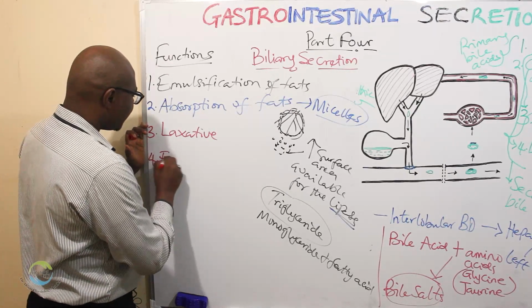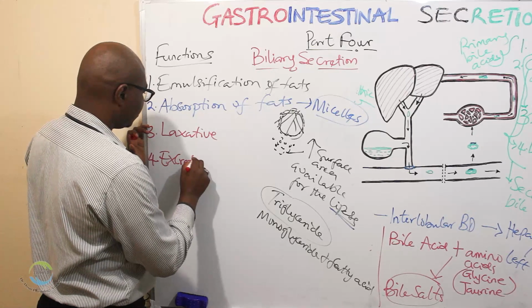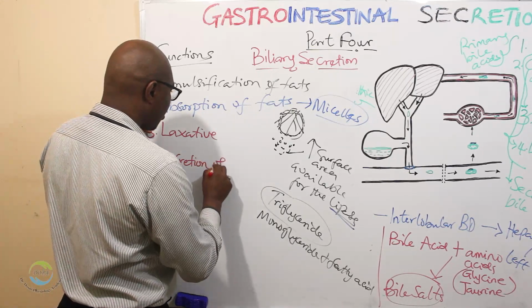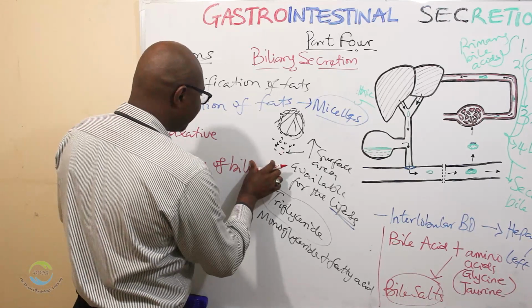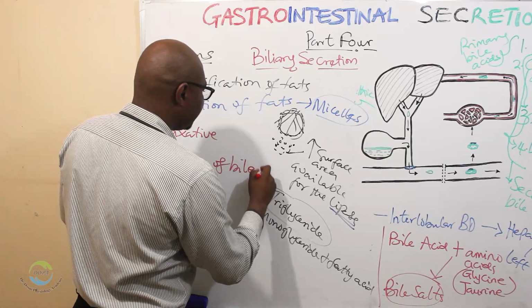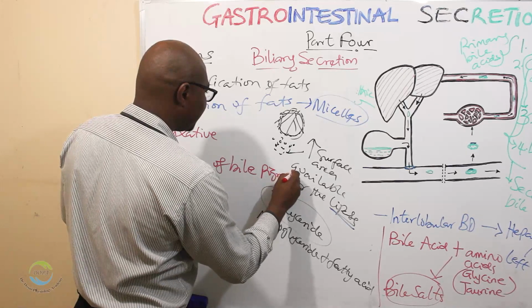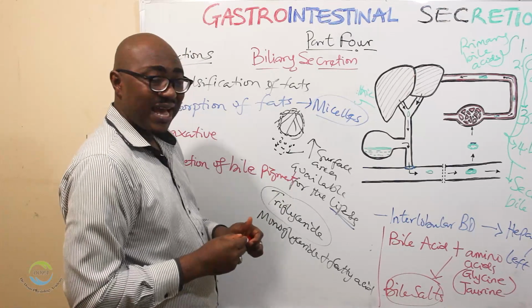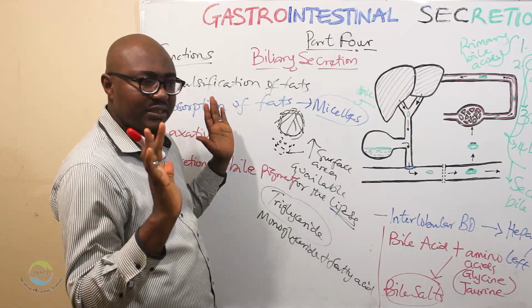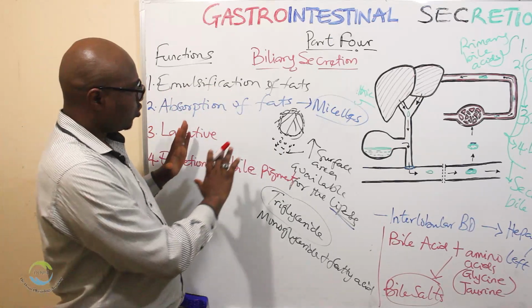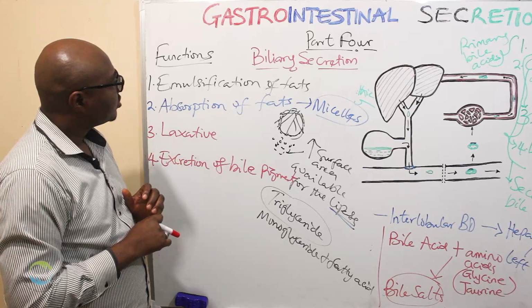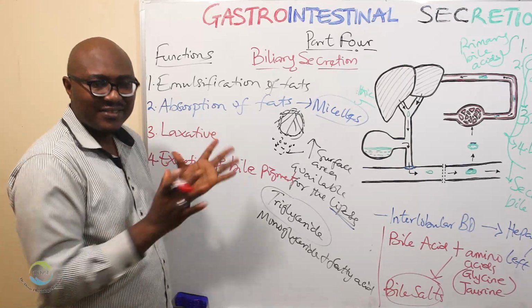So it helps in excretion of bilirubin, or you just say bile pigments. It helps in the excretion of bile pigments because bile pigments are not needed in the body. I think these basic functions you need to know about bile acids. So that's what they do.